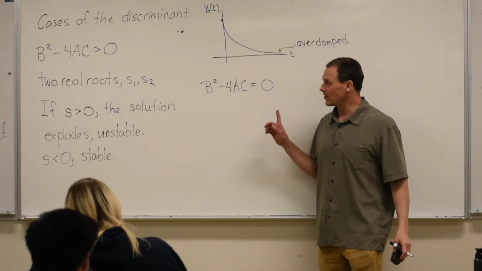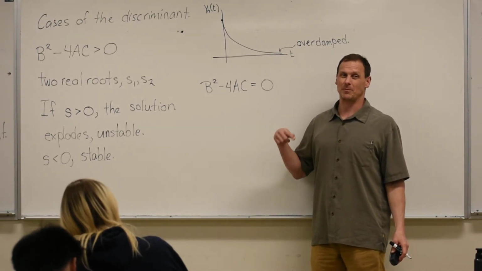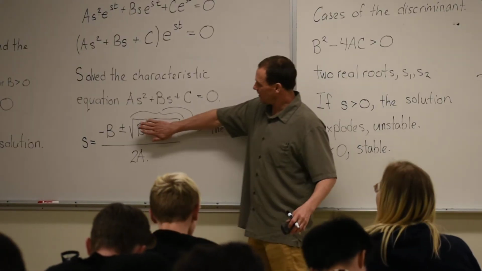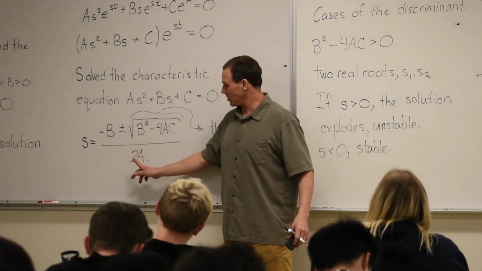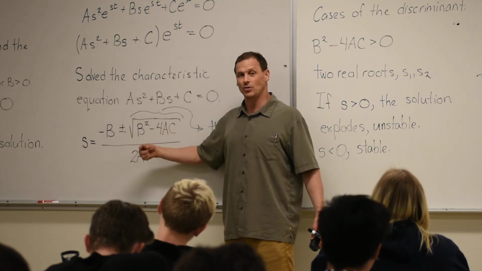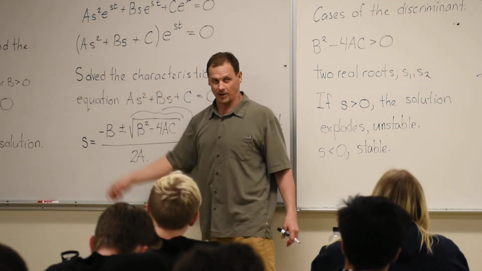Actually there are 2 solutions, but they're repeated, right? Because this whole denominator is just 0, and so your solutions would be minus b over 2a and minus b over 2a. There have to be 2 solutions if you're solving a second degree quadratic.